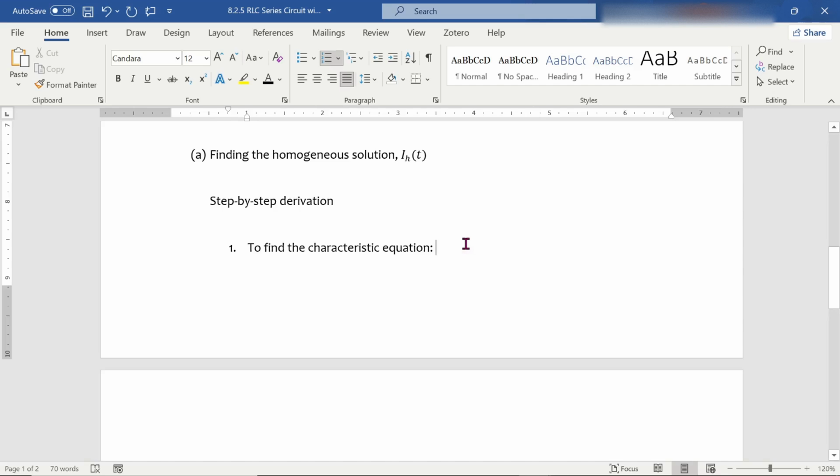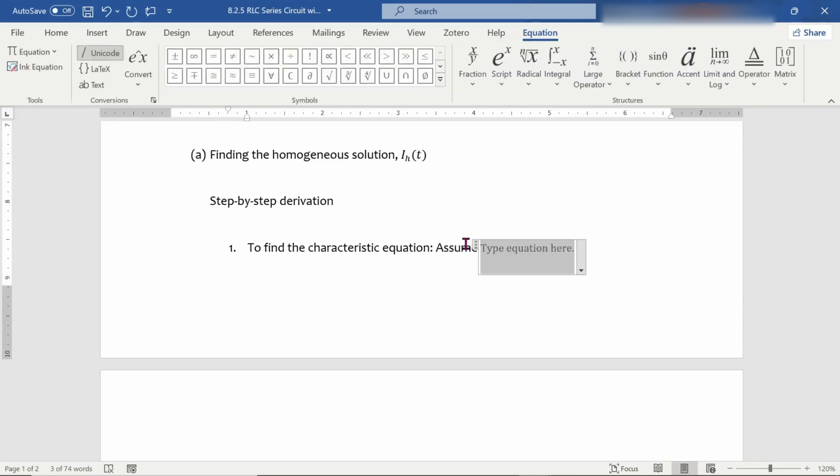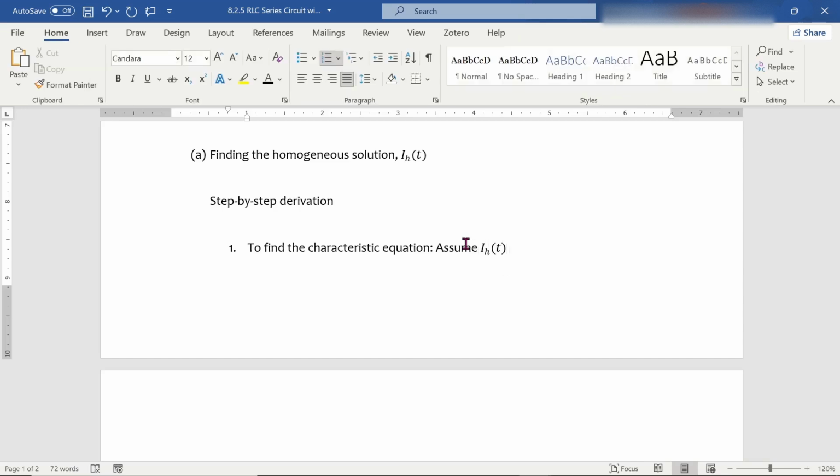But for purposes of this discussion, I decided to just use the exponential ansatz. That is, we propose that the solution to this problem is exponential, equal to e to the pt, and then substitute it into our original equation.